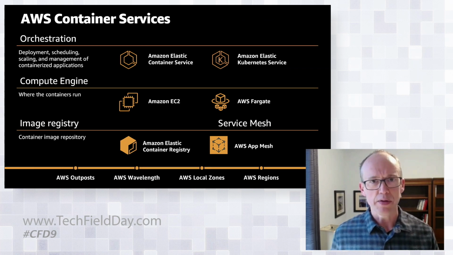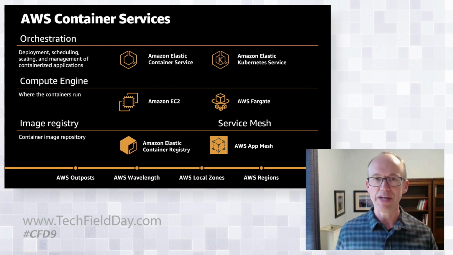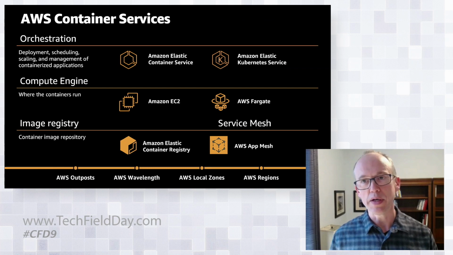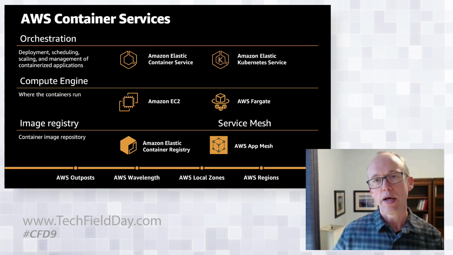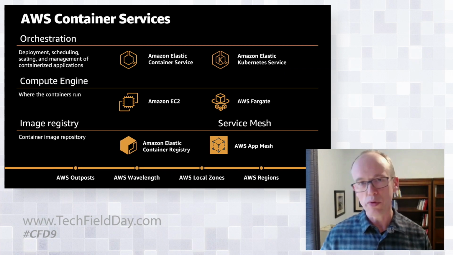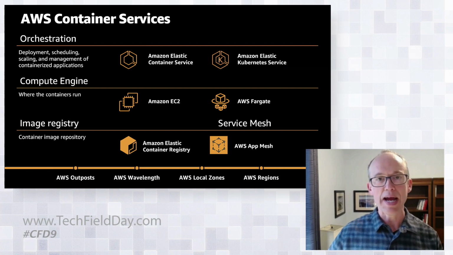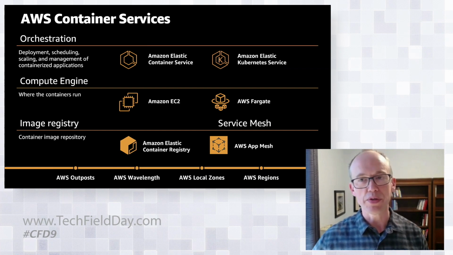And then Wavelength and Local Zones are some extensions of AWS regions. So Wavelength is a partnership with mobile telecommunications to provide compute capacity that is co-located with telecommunications edge locations so that you can have your compute sitting much closer to where the users are.